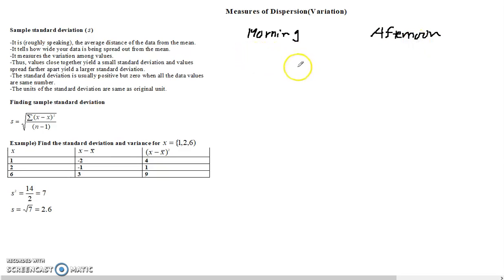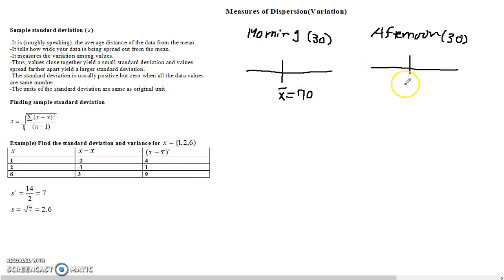Let's say we just took the first exam, and we have x bar, the sample mean of the class. Both classes have 30 students, the same, and I found out that both classes have an average of 70. When you look at these two classes, just looking at the mean, you don't see any differences here.